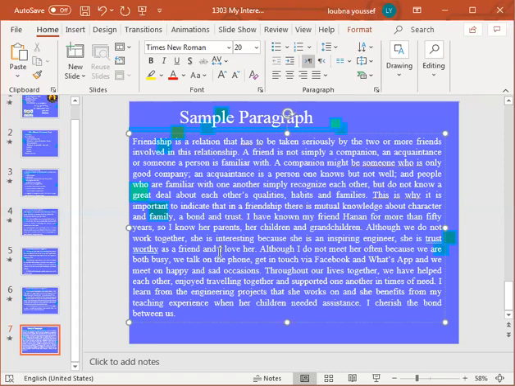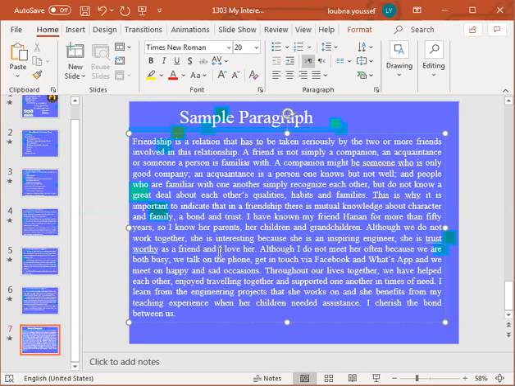Throughout our lives together, we have helped each other, enjoyed traveling together, and supported one another in times of need. So this is evidence that the friend is a good companion, all right? There is traveling and there is joy together, and there is also support in time of need, meaning if she has a problem, I support her. If I have a problem, she supports me.